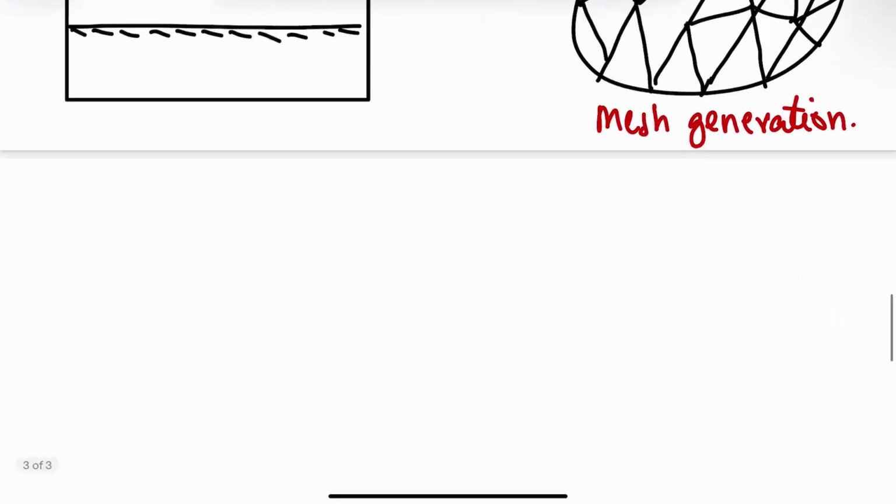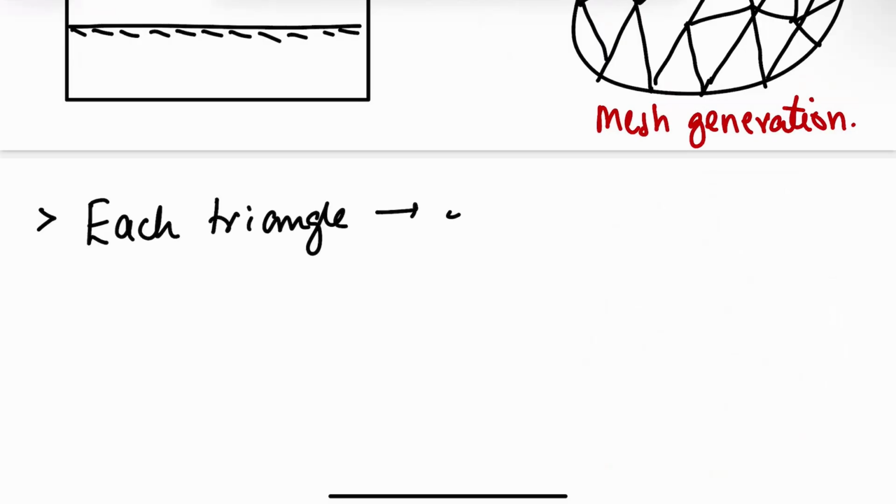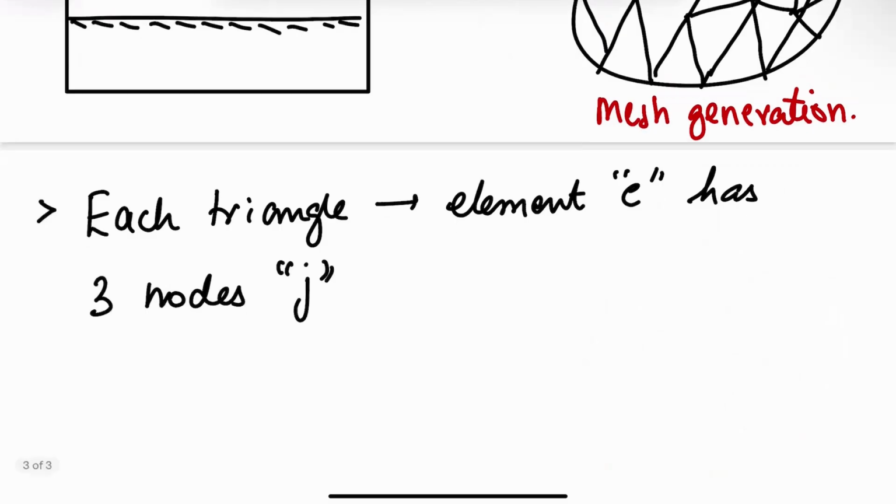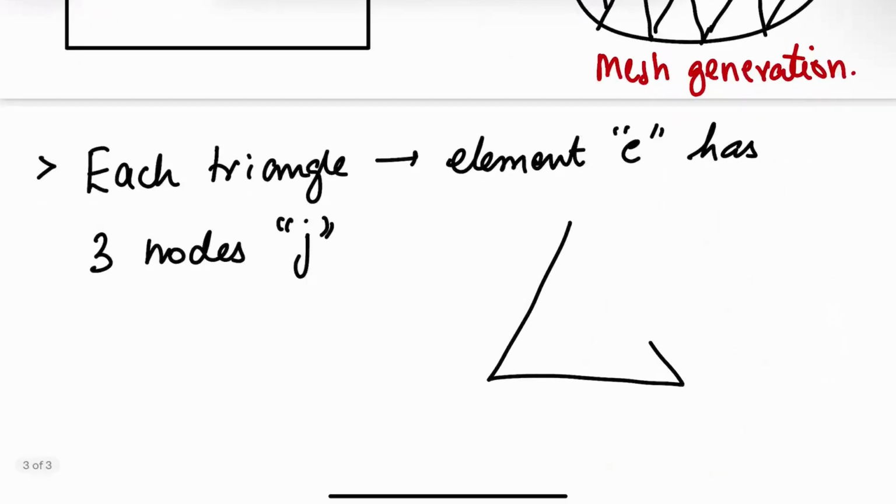Okay, so once the mesh is generated, each triangle in this mesh, we'll call it an element labeled E, has 3 nodes labeled J. Okay, so I have a triangle of this mesh element. This is a single mesh element.